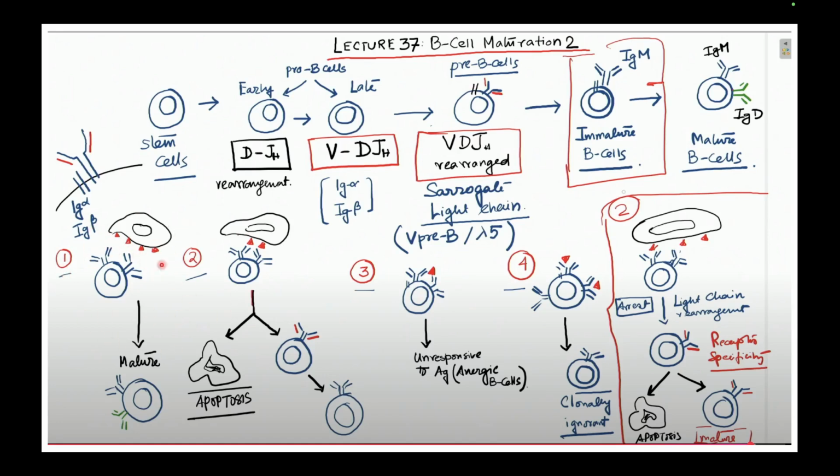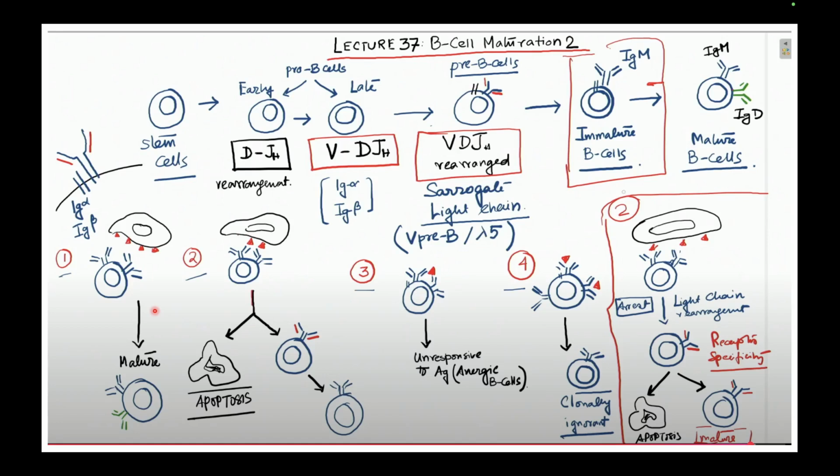You have seen a lot of VDJ rearrangement has happened, and due to those rearrangements, the B cell may have acquired such affinity that it can interact with its own antigen and try to kill our own cell. So those B cells should not be selected.